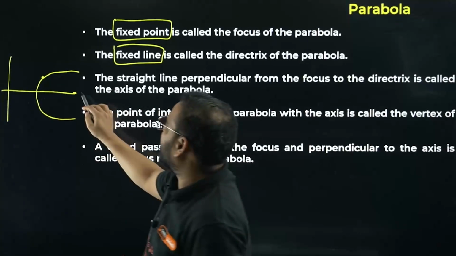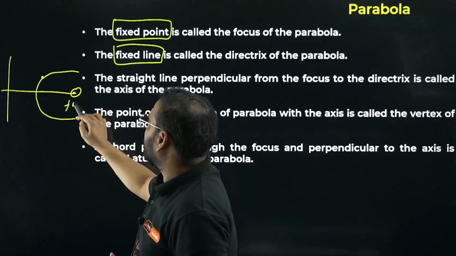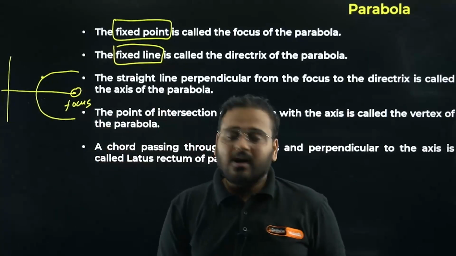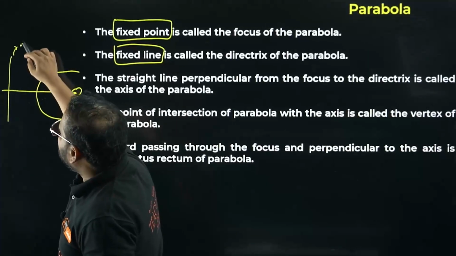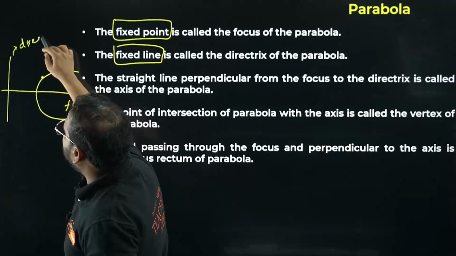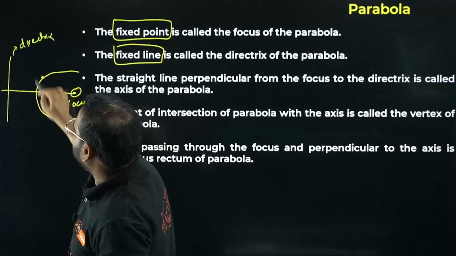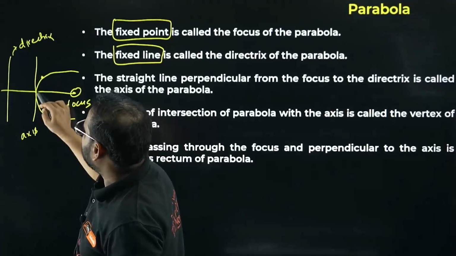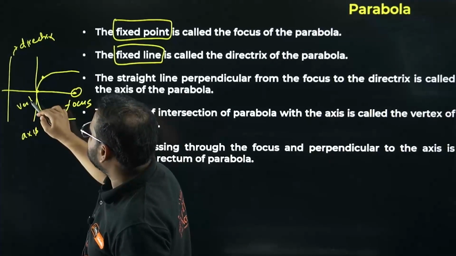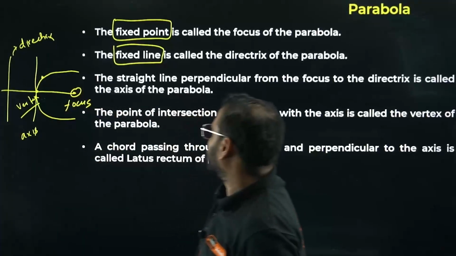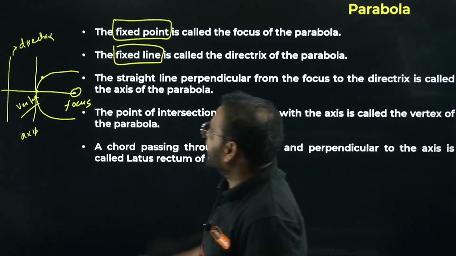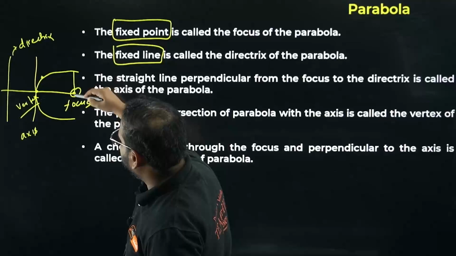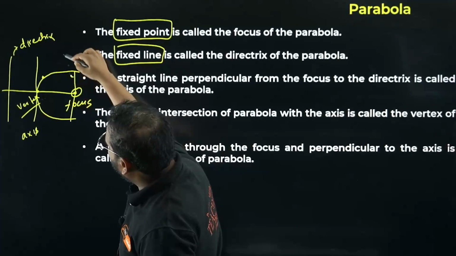This point becomes the focus of the parabola, and this is called the directrix. This will be your axis. This point is called the vertex. The line joining these points will be your latus rectum, LR.